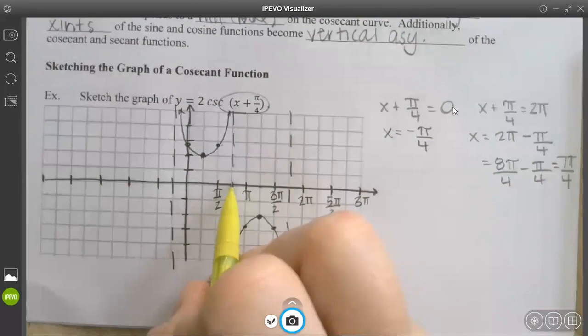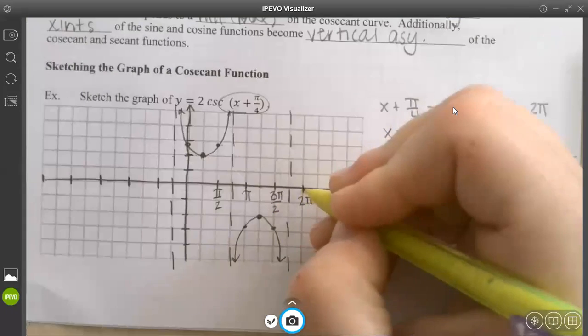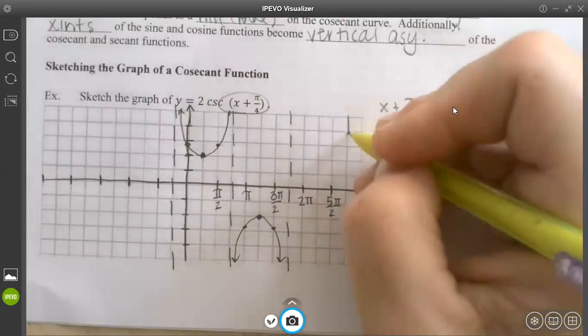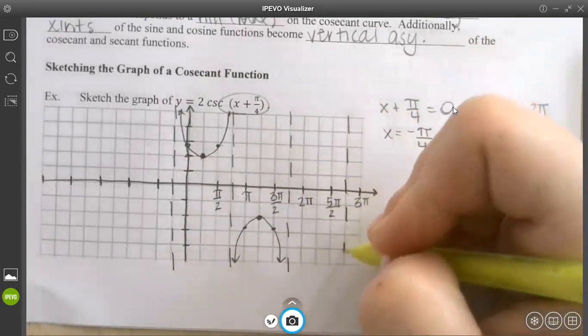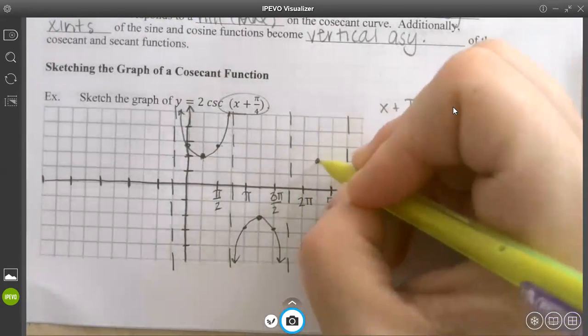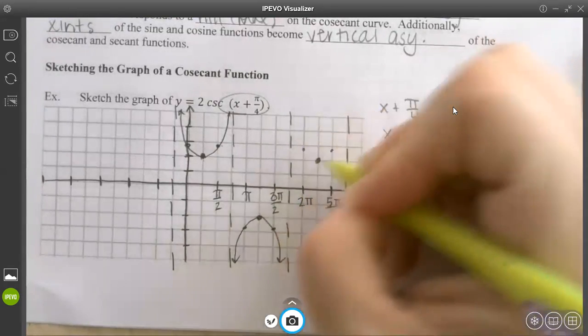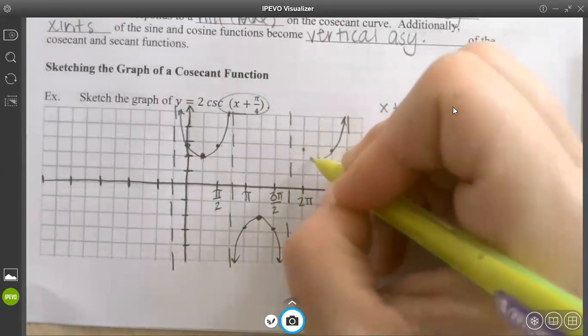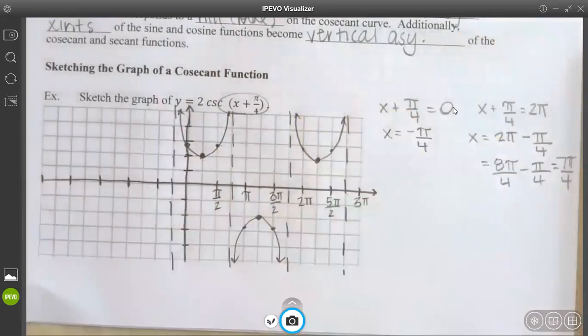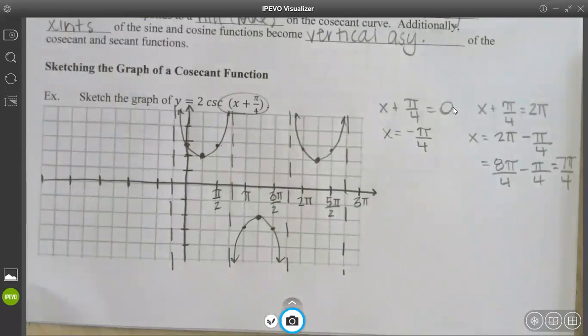Okay, so our vertical asymptotes, 1, 2, 3, 4 over. Oh, it's gonna be 1.5. Yep, and it's gonna go at 2 and then almost 3 to look like this. And you can just keep doing that over and over again. But that's all you do to graph them.